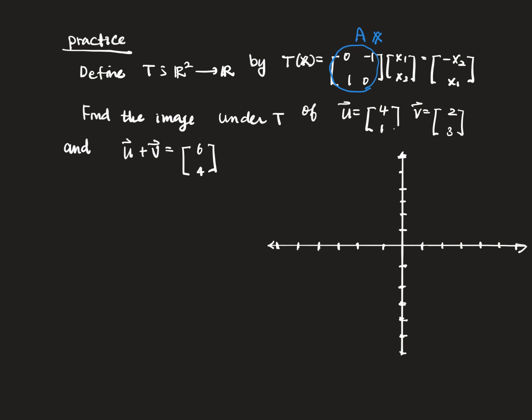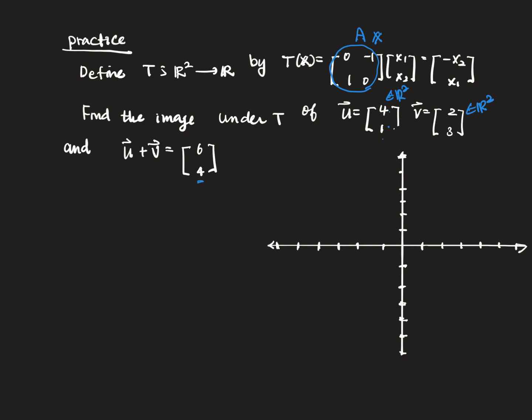When you do the product of the matrix and vector, you get negative x2, x1. Here u is 4 and 1, and here v is 2, 3 in R2. Adding two vectors is done by each component: 4 plus 2 is 6, 1 plus 3 is 4.